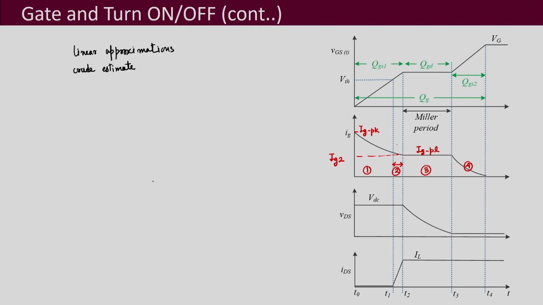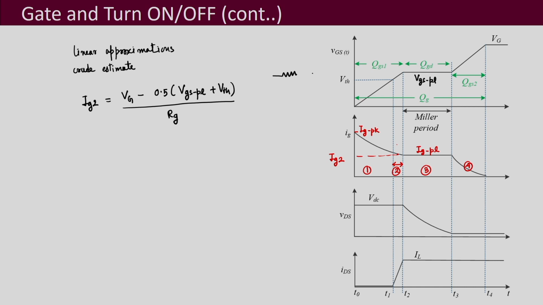So, now if we write some very linear equations, IG2 can be given as Vg minus 0.5 times VGSPL plus your voltage VTH, the threshold voltage, by your RG. All right. And why it is so?